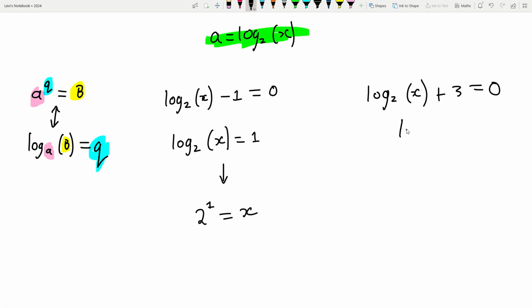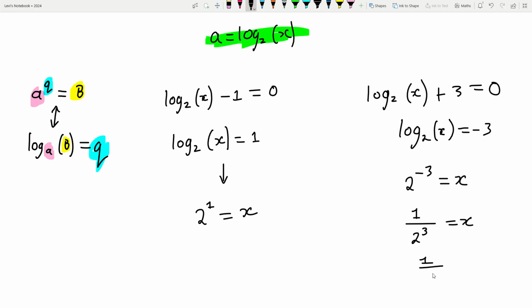And this one here will have log 2 of x equaling negative 3. Now if we rewrite this, we'll have 2 to the power of negative 3 is equal to x. So that can be simplified as 1 over 2 to the 3 equaling x. So that would be 1 over 8 is equal to x. Okay, and that's that one solved.